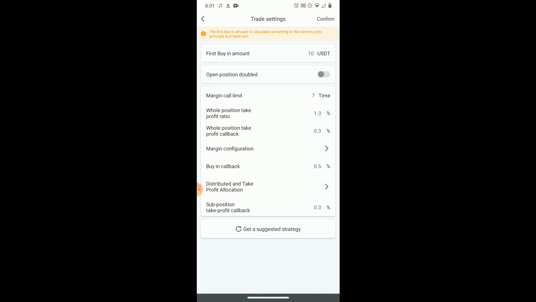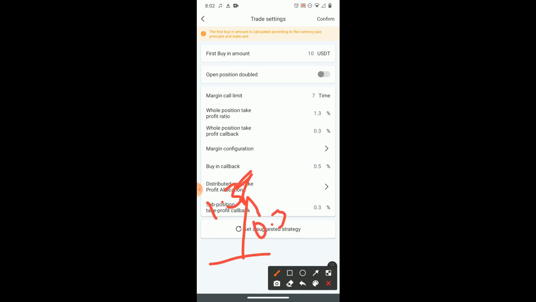Do you not get it? But peradventure, if the trade actually got to 1.3% as it is here, and it's coming down, and it hits 0.3%, the trade will still be executed. It will be closed, and you will have a profit of 1%.